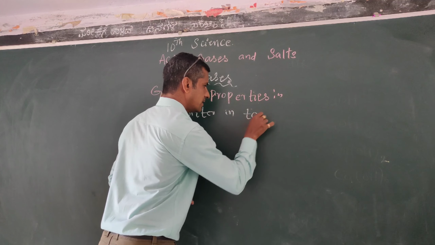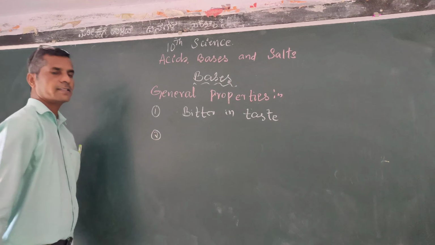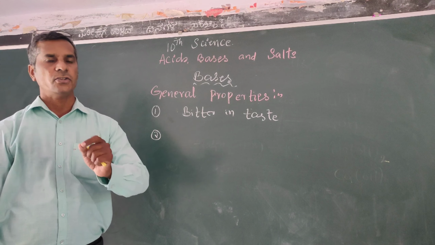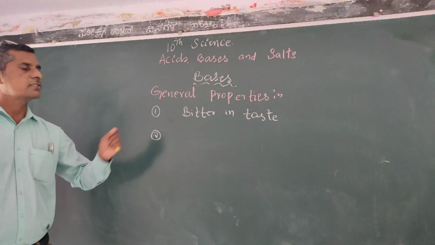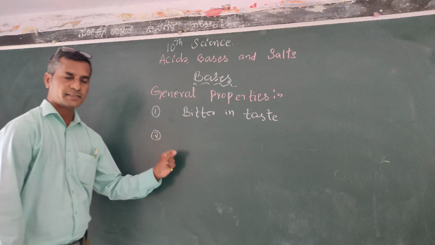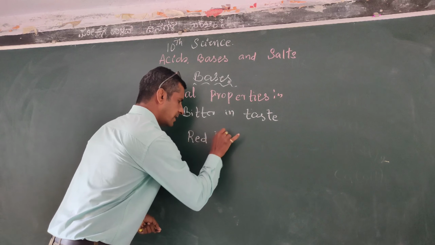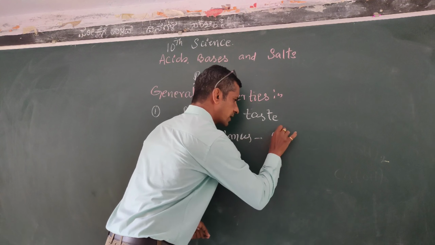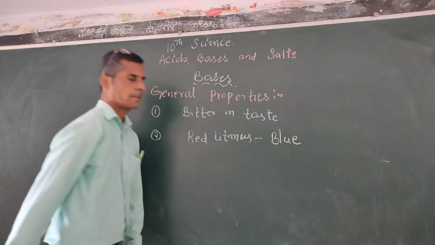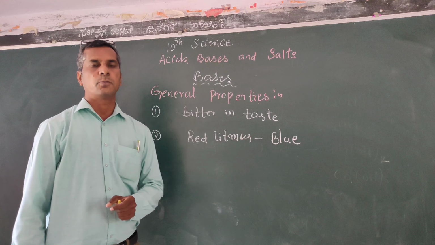In the same way, with the concept of the litmus paper, we know that acids turn blue litmus into red. It is vice versa. That means bases turn the red litmus paper into the blue color.